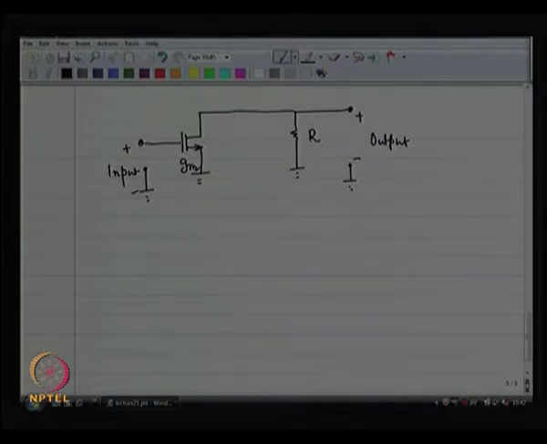So, we have a few noise sources over here. First, we have the noise of the resistor. Noise of the resistor can be modeled as the resistance in shunt with a noise current.